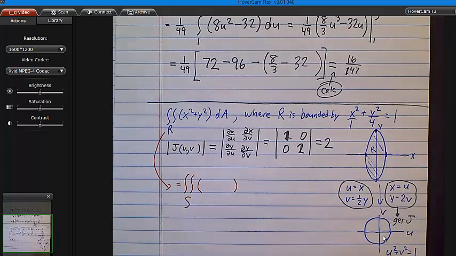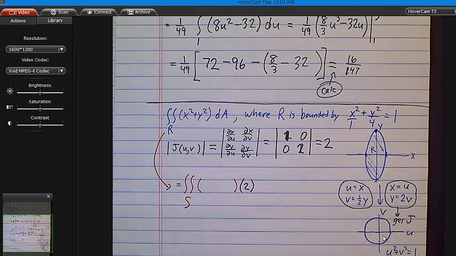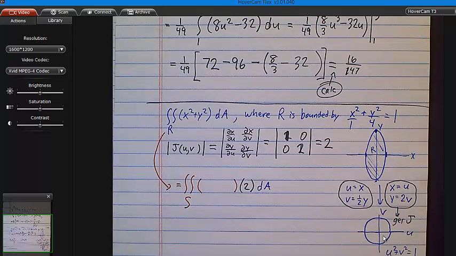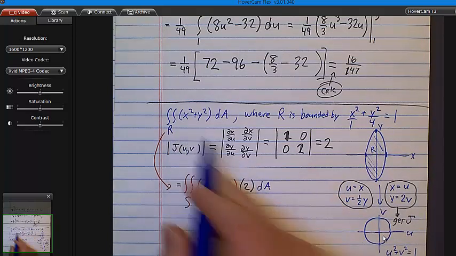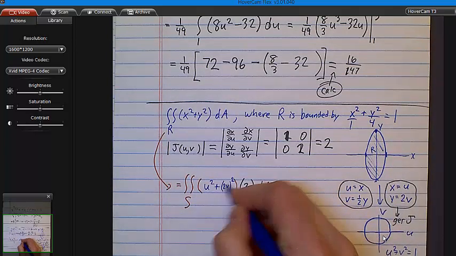I multiply by 2 dA. Guys follow? So what goes in here? Good. u squared plus, since the y is being squared and is 2v, it'd be 4v squared.